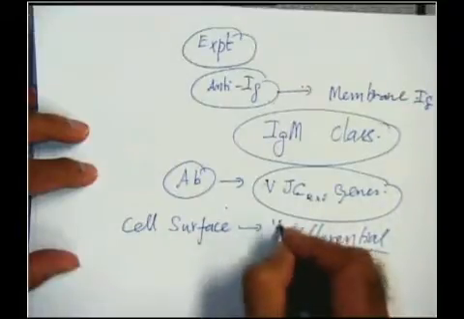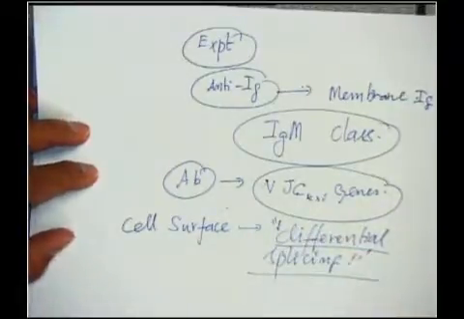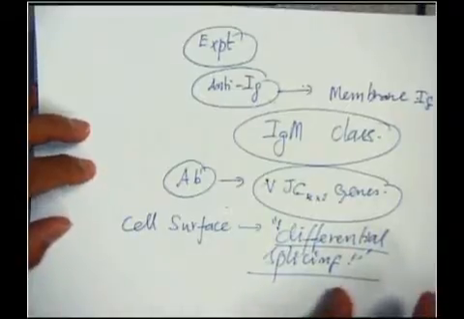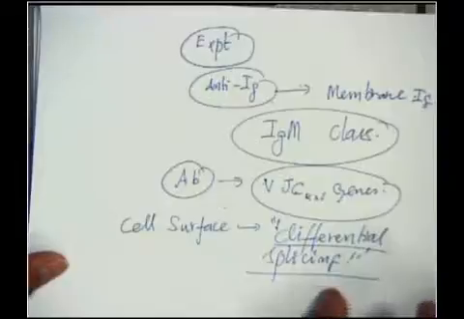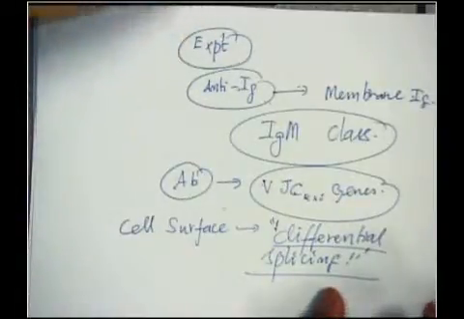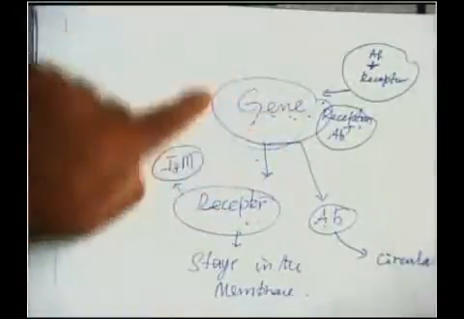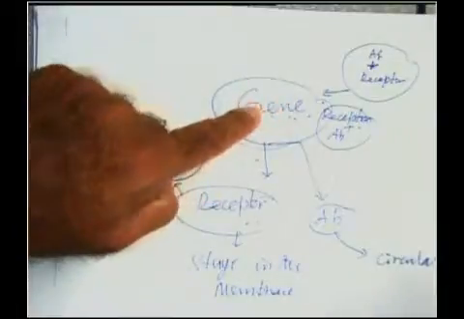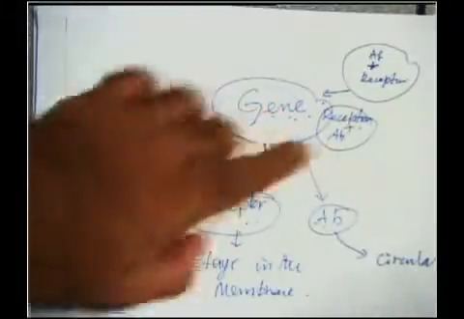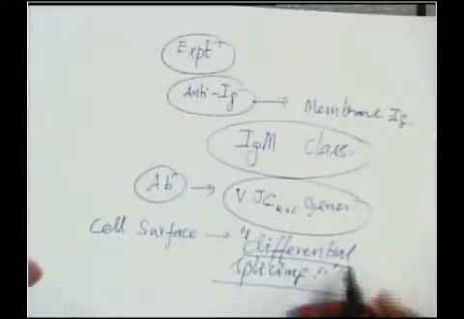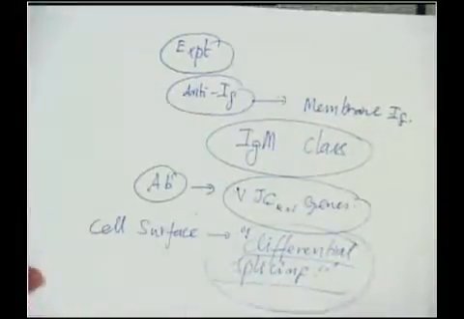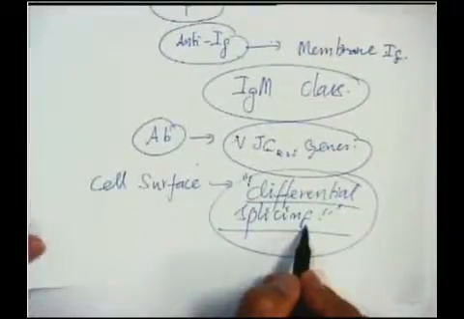It's a little bit of molecular biology, and I just want to get into it now and explain this part. So far, the gene which is responsible for producing a receptor can at the same time also produce the antibody. I'm going to explain the mechanism now, through differential splicing. What is this? We will see that.